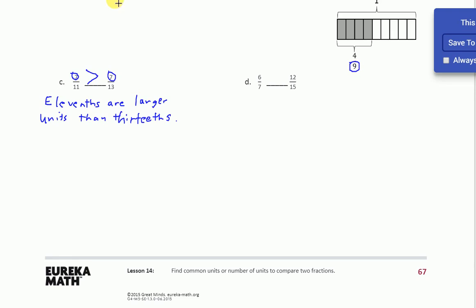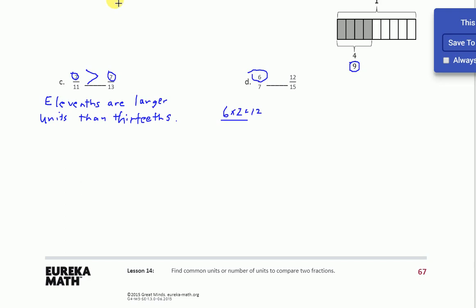And this next one is a little bit interesting because we have these mixed different units here, but I'm looking at this 6 here and the 6, 7, and I'm saying, well, if I can make that into 12ths, if I can make that 12, then those two would be equal, and then I can just look at the units. So let's try changing this 6 into a 12. Well, how do I do that? Well, I would go 6 times 2, and that equals 12.